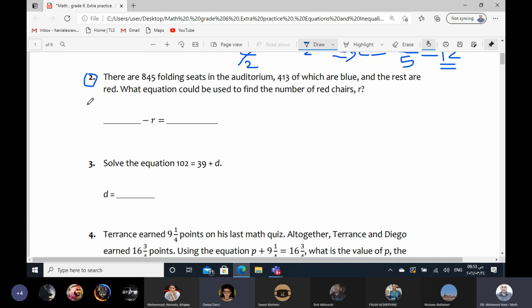What equation could be used to find the number of red chairs? Thank you, Daniel. I want from all of you to read it again. Then who can tell me what is the right equation here? Start, please.